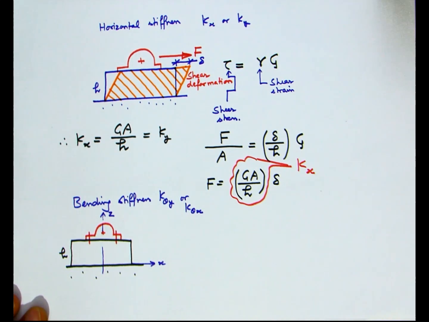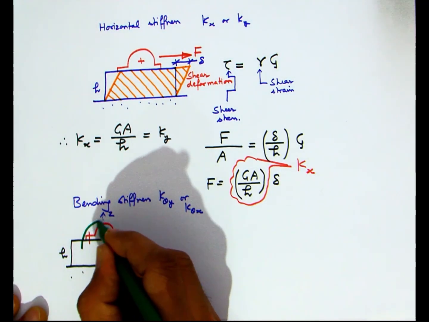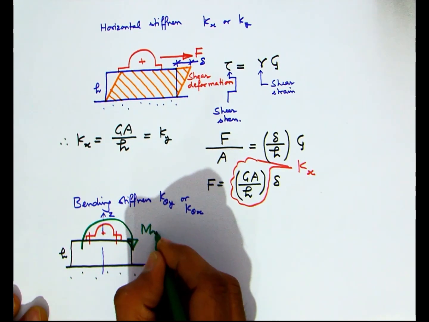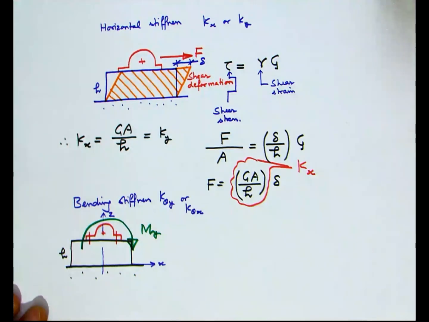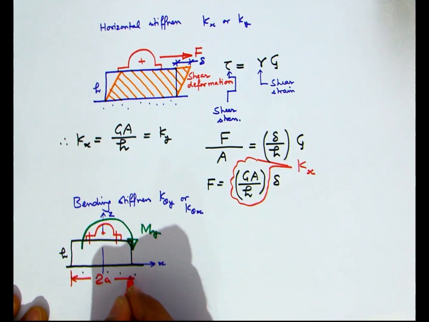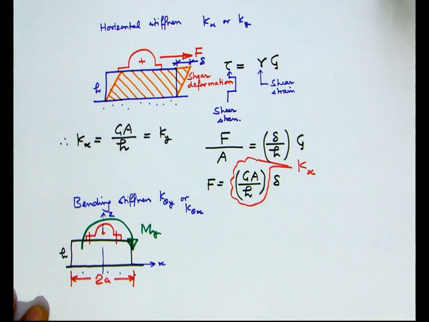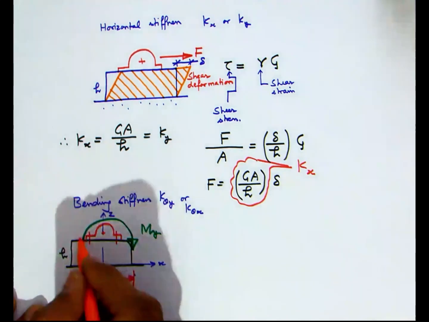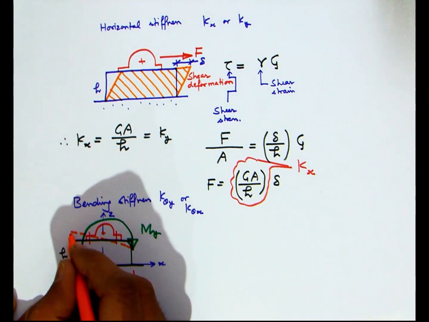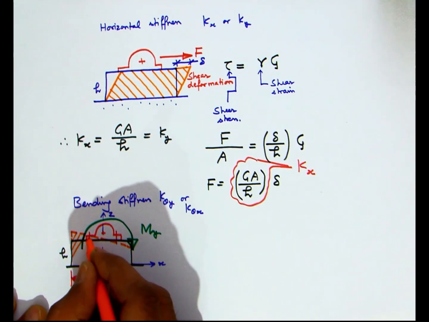As a result, the deformation produced in the elastic pad is that of bending deformation. At any instant of time, this would be the shape of the pad.